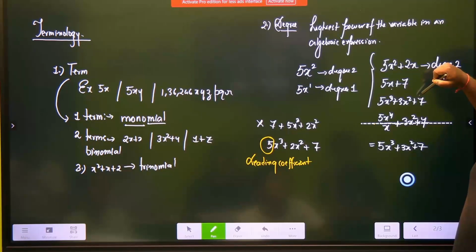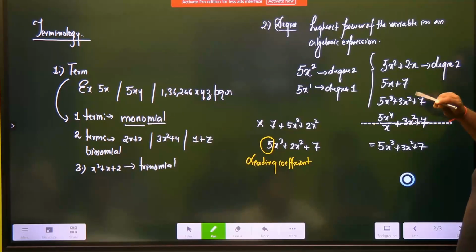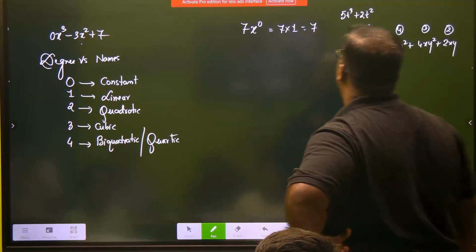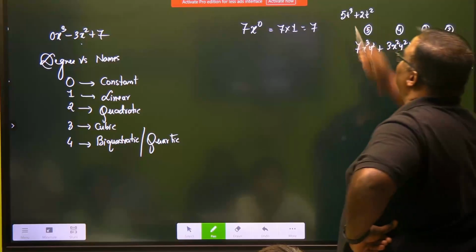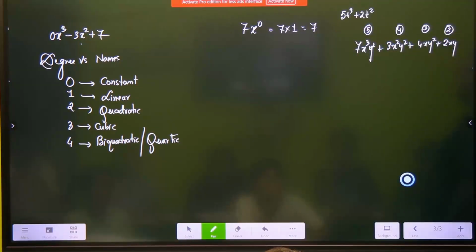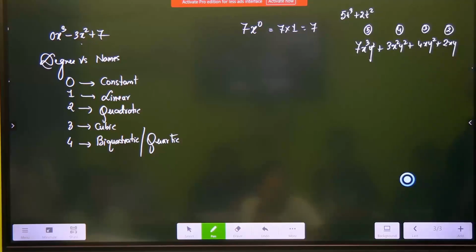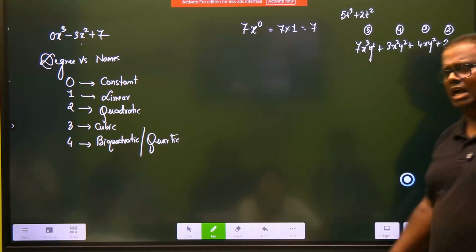Cubic trinomial. What is this? Sir, cubic. You have learned now. Good, you have learned. Cubic trinomial. What is this? Cubic binomial. Cubic binomial. Understood.